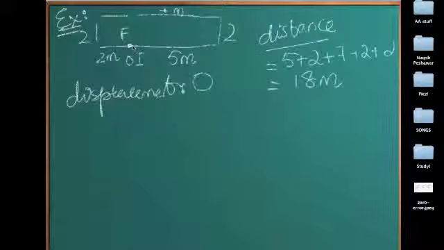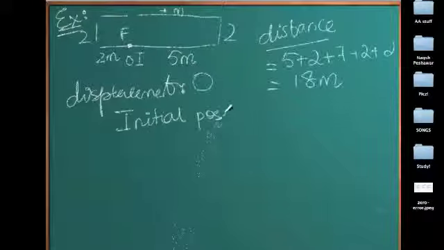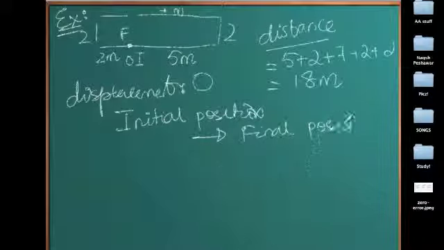So your displacement is 0 meters from your initial position. So displacement is measured from the initial position to the final position, and the direction is stated. So that is displacement.